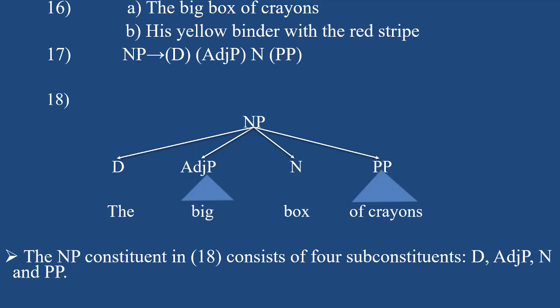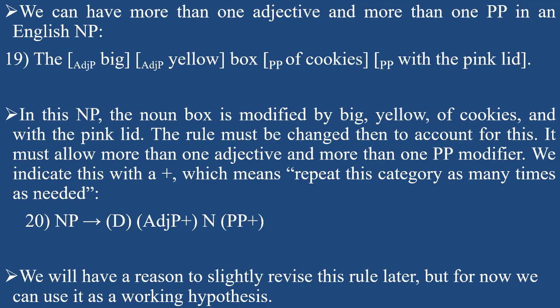So the NP constituent in 18 consists of 4 subconstituents: determiner, adjective, noun, and PP. So we can have more than one adjective and more than one PP in an English NP.